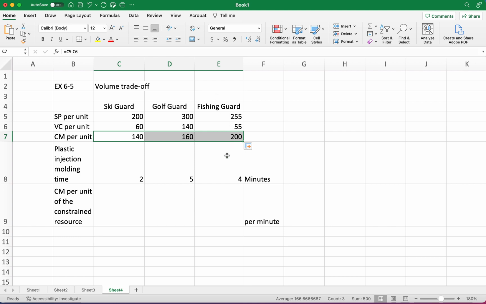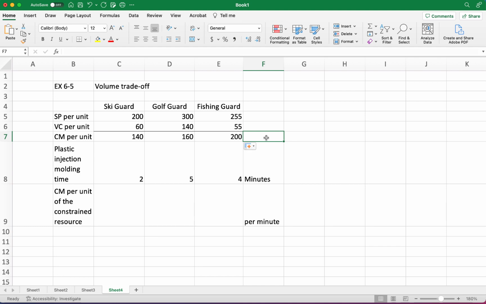Now, just by looking at the contribution margin, and we've talked in class, and I even mentioned in another video, how powerful that contribution margin is. It's what's left after we've subtracted variable costs from the selling price, and it goes forward to cover any fixed costs.